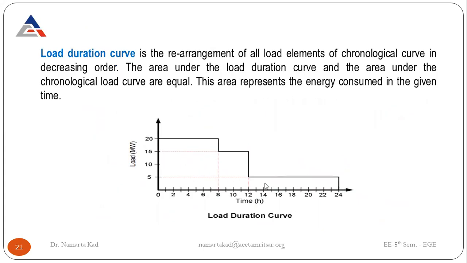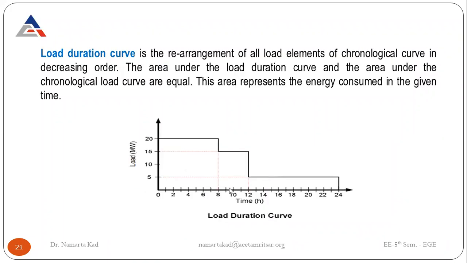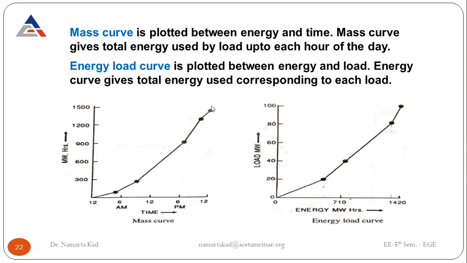The total energy consumed, given by the load duration curve or by the chronological load curve, is the same. This maximum point is the energy consumed, or the area under the chronological load curve or the area under the load duration curve.